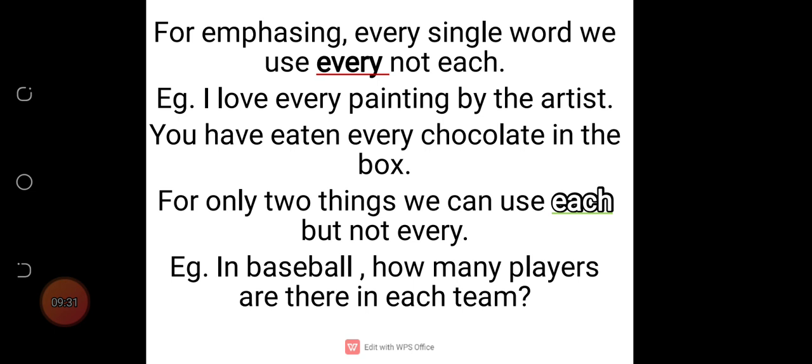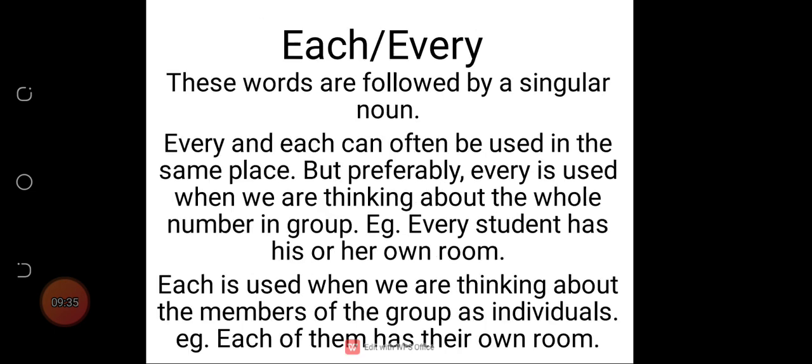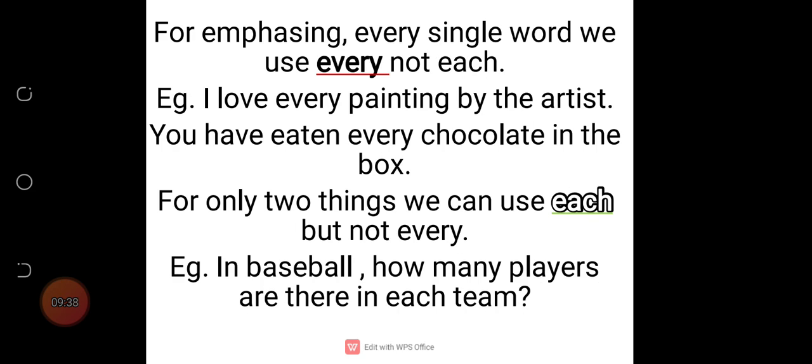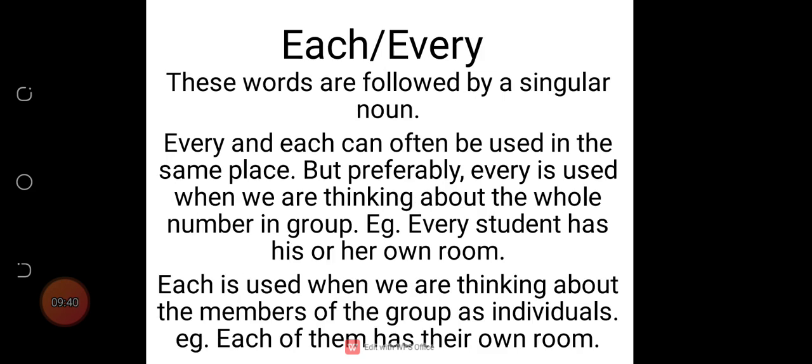Okay, so when we look on the previous slide, we mentioned that when we use each, we are talking about the members of the group as individuals. So we may be referring to the group, but we are also considering individuals that form the group.